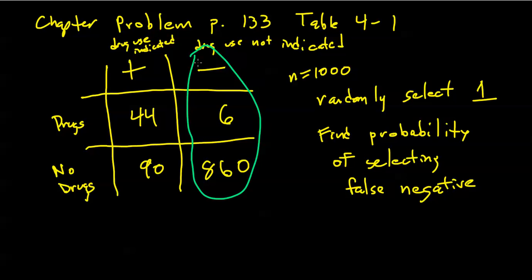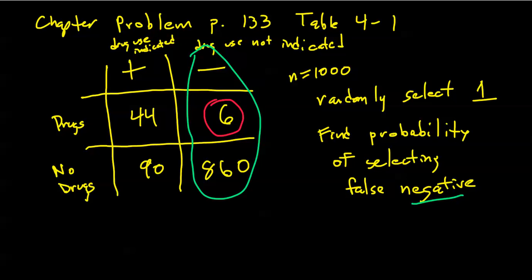All the numbers there refer to numbers of people where drug use was not indicated by the test. And if I want the probability of getting a false negative, well, let's see. False negative means there was a negative test result, but it was false. That means that the people were actually using drugs. That means there's 6 false negatives. Everybody okay with that? Negative means drug use not indicated, but 6 of these people, drug use was indeed the scenario.